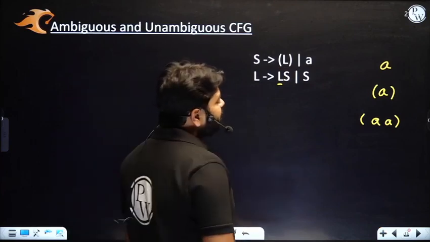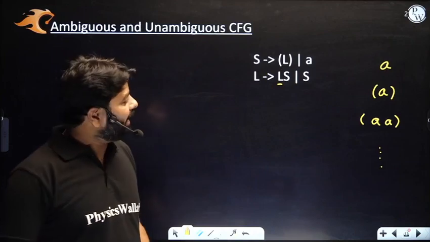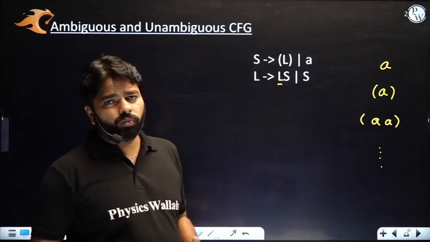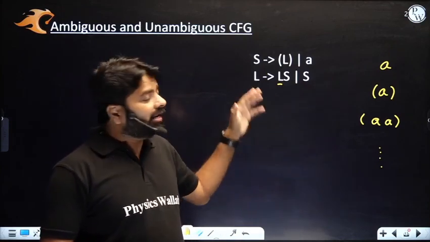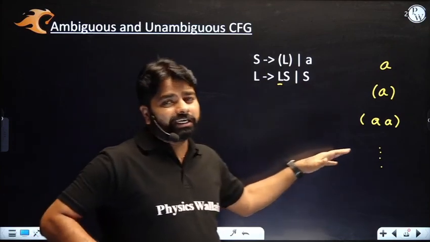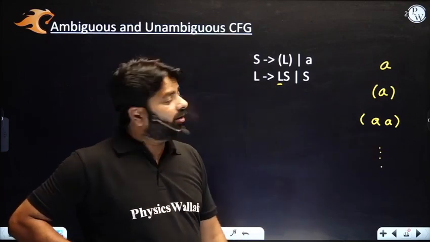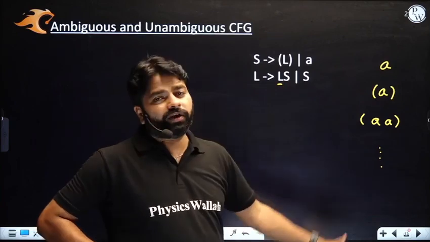The problem with this kind of grammar: how long do you do that? Is there any algorithm to check them? No algorithm. So you need to verify every string. If you really get a string which has more than one parse tree, you're lucky because you can say it is ambiguous. But if you don't get one, how long are you going to check? How many strings are you going to verify?